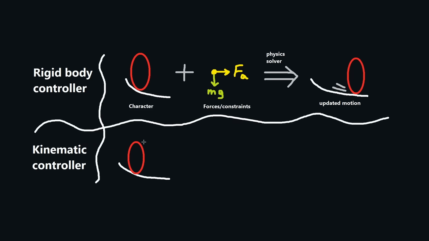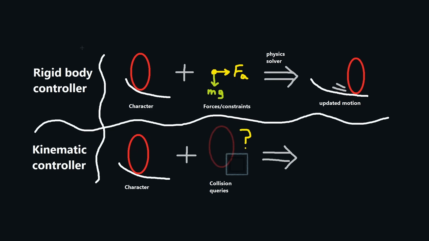Kinematic controllers aren't simulated like other physics objects. Instead, you write custom game-specific code to move them each frame, and typically, this code uses collision queries to figure out what the character is currently touching and then which directions they can move and how far.